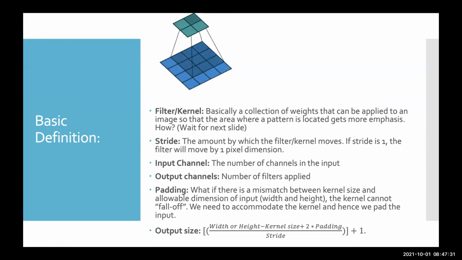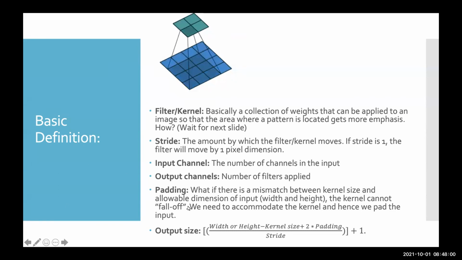And if there's no padding, it can't really go off of the image. So we'll talk a little bit more about this later. But for now, you can think of padding as just a necessity if the stride is greater than 1 and there's a possibility that the kernel will go off of the image and thus we won't be able to convolve all of the pixel values.